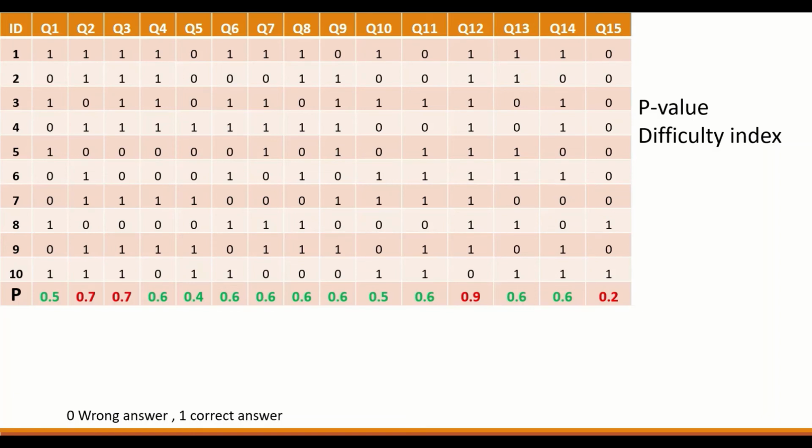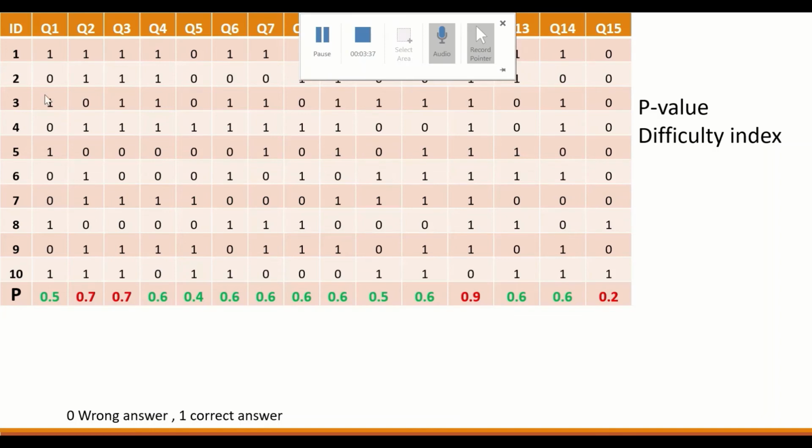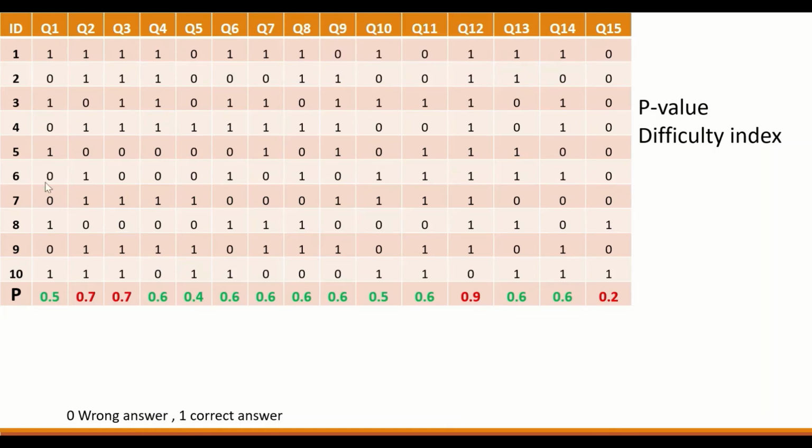To calculate the item difficulty, or the p-value, for each question, add all the correct answers scored for each question and divide that by the total number of students. For the first case, it's 5 correct answers divided by 10, so it is 0.5. And for question number 15, 2 correct answers divided by 10 is 0.2.